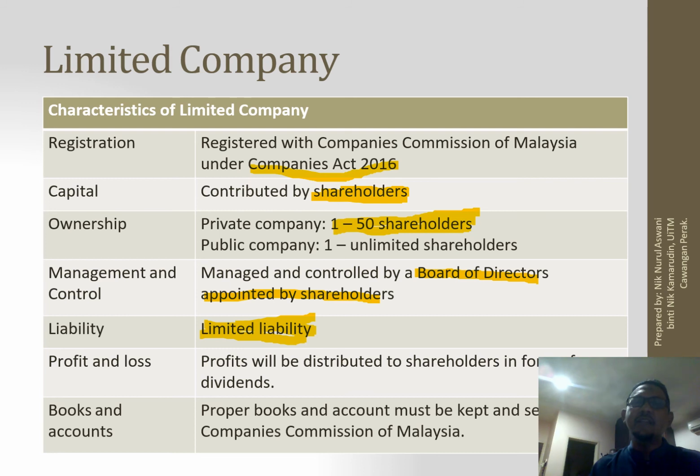It is limited up to the number of shares held. Profit will be distributed in the form of dividends. However, it is compulsory for a limited company to keep books and accounts and send them to the Companies Commission of Malaysia every year. They need to prepare financial statements.